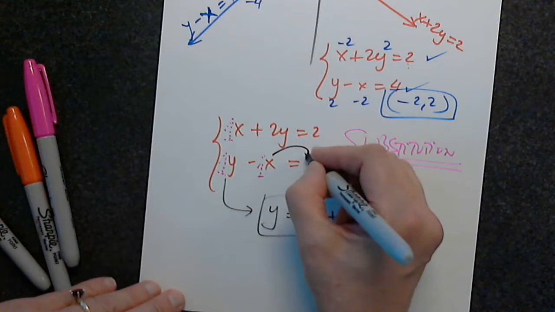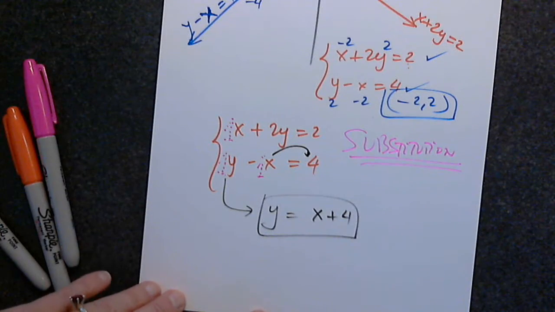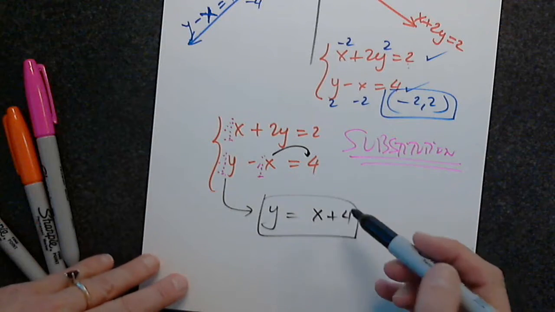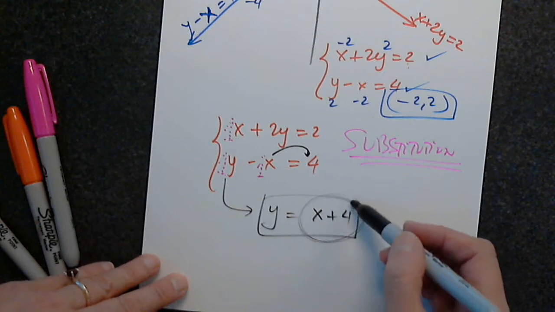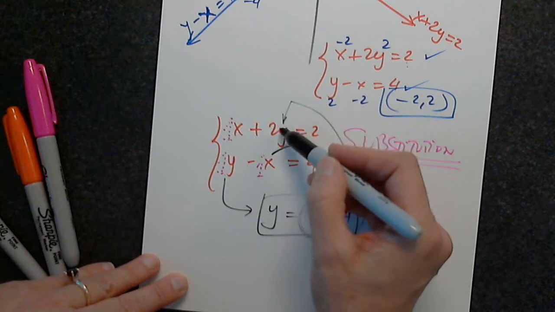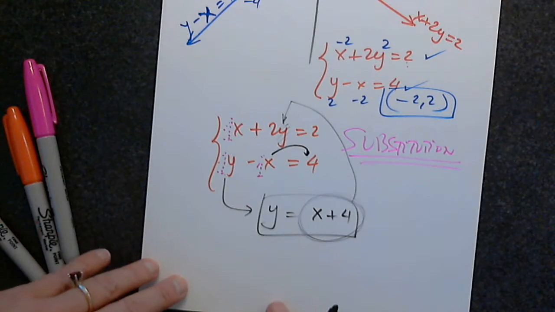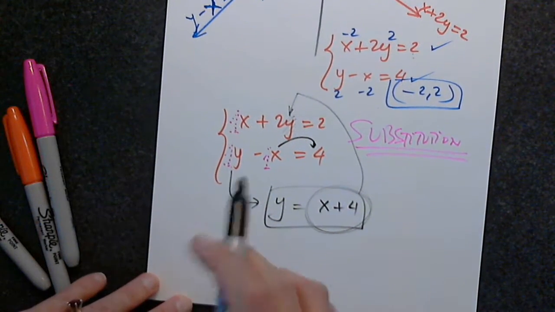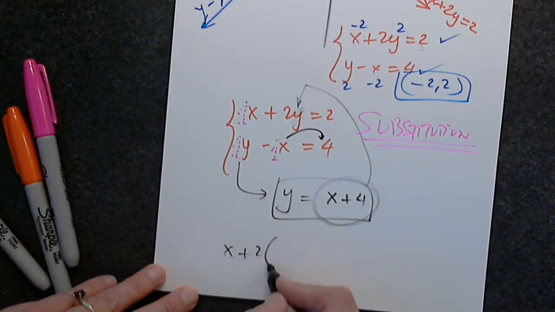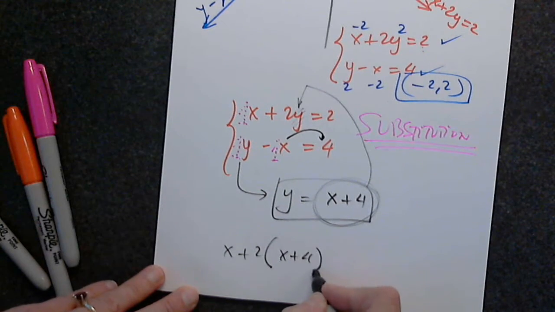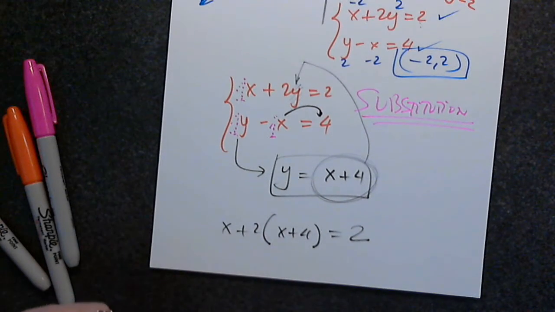We moved negative x to the other side. And then we have to replace y by what it equals in the first equation. So now the first equation becomes x plus twice, in parentheses, x plus 4 equals 2. We know how to solve this equation because this is a linear equation in one variable.